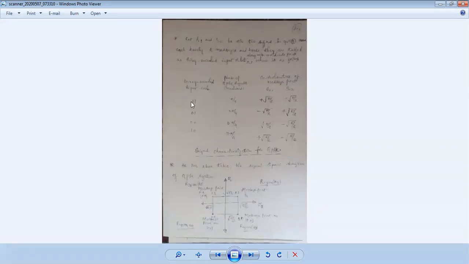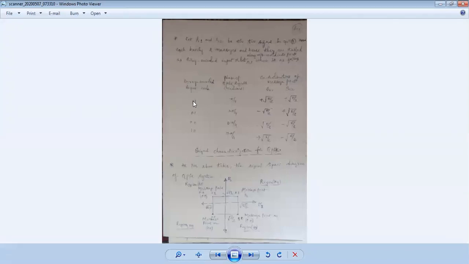That means the message points of the QPSK, which are used by the receiver in order to detect the information, have two message points. One message point is equal to what? Square root of E into cos of 2 pi fct minus pi by 4, and minus root E into sine of 2 pi fct minus pi by 4. Since I told you that for one signal there are 2 bits, that is possible because we are getting two signals.